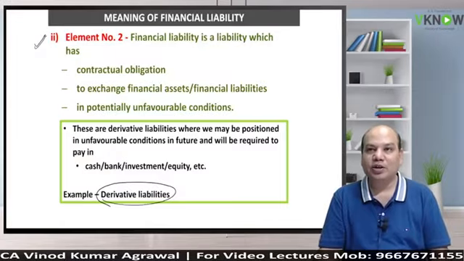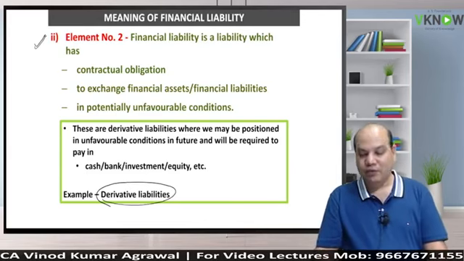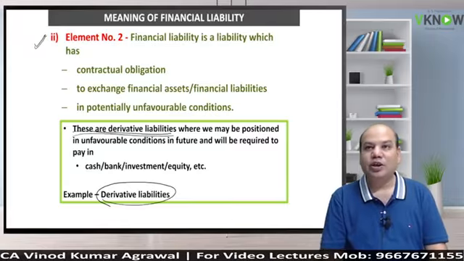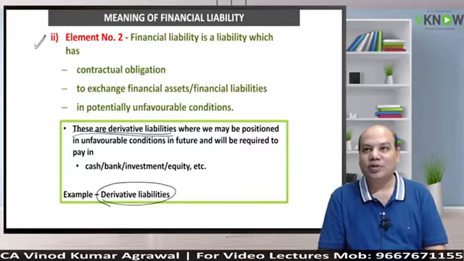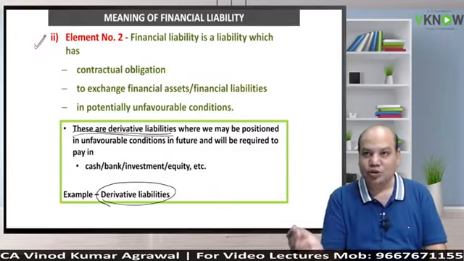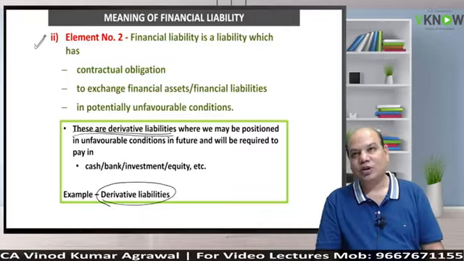So you'll have to bring the derivative liability into the books if they become unfavorable to you. Because of this standard, companies cannot just enter into derivatives and avoid the accounting in the books. If the derivatives turn out to be unfavorable, they will have to show it as a liability and the other party will show it as a financial asset. It should be financial liability for one party and financial asset for the other party.